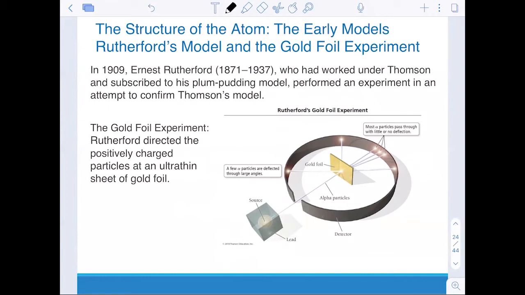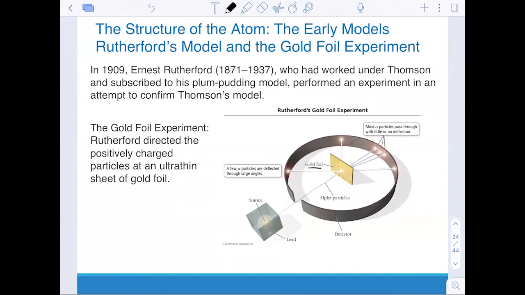The gold foil experiment that Rutherford used, why not gold foil? He put some gold foil right in the middle, a very, very thin piece, and he was able to take lead around a source of alpha particles. So again, nuclear experiments.